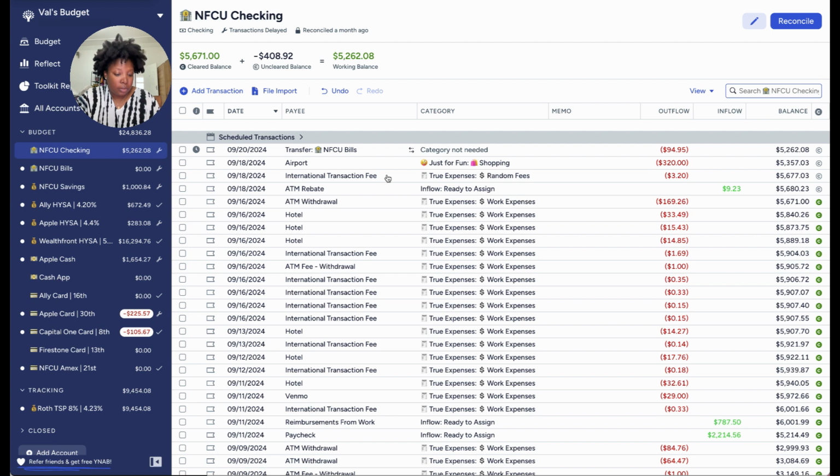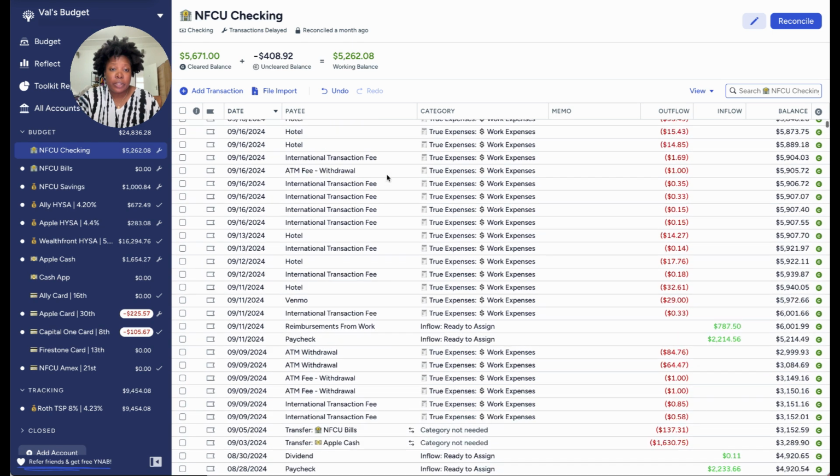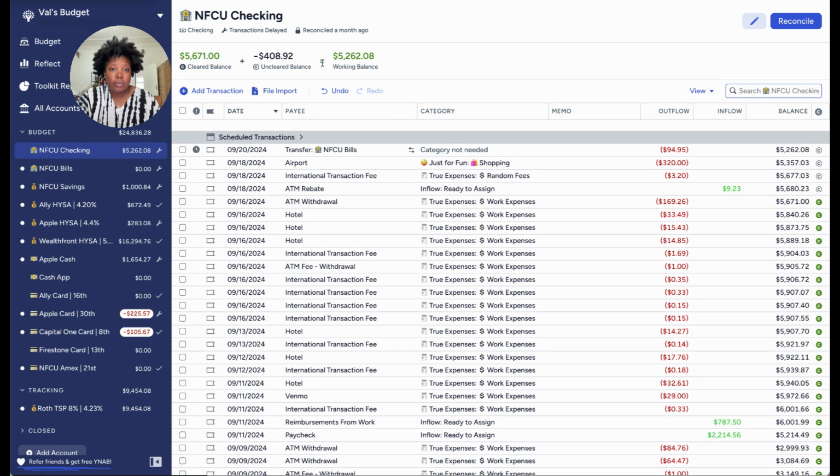Now I'm gonna go back through once more to double check my numbers to see why they're not matching. But first I'm gonna pull out my calculator to see how much money I'm actually off by.